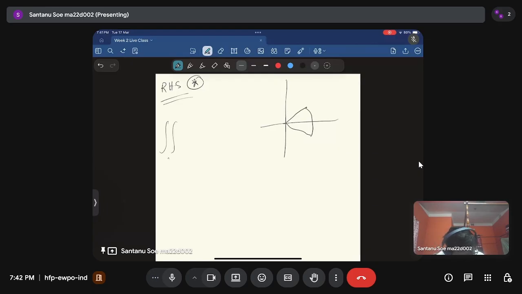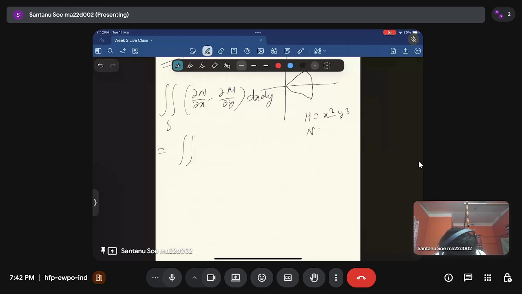So our m was x square minus y cube and n was x plus y, and del n del x is just 1, and del m del y is just minus of 3y square. So this will be 1 plus 3y square over this region R, dx dy.